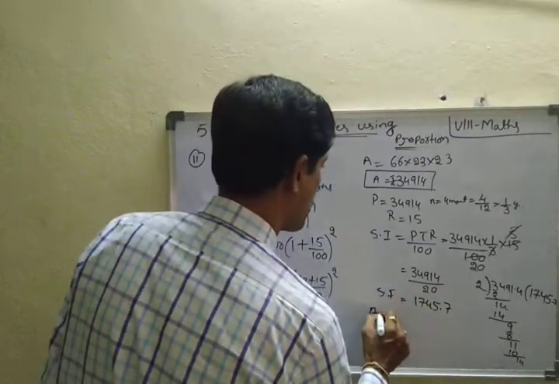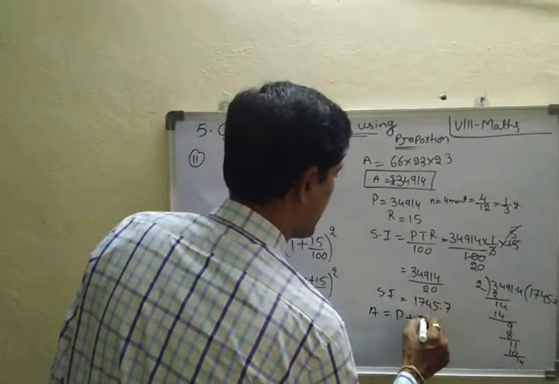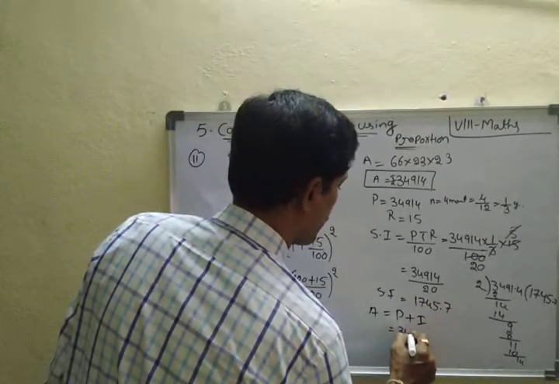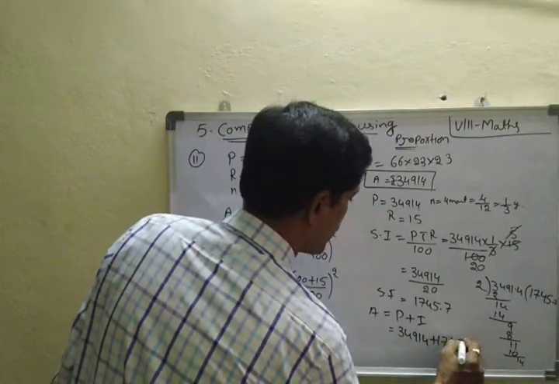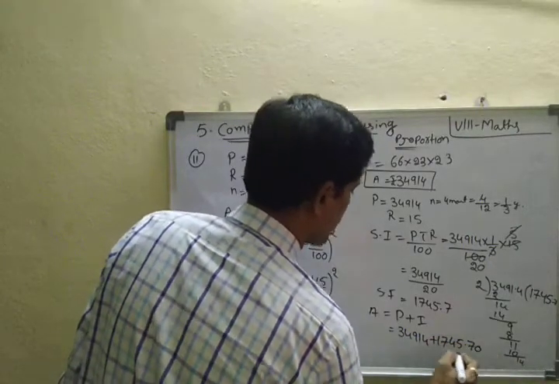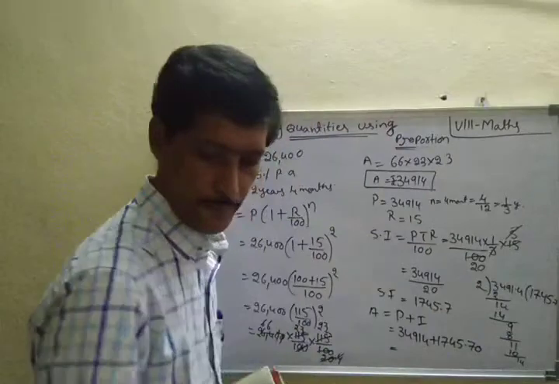Therefore, amount equals P plus I. That equals 34,914 plus 1745 rupees 70 paisa. Therefore, you simplify.